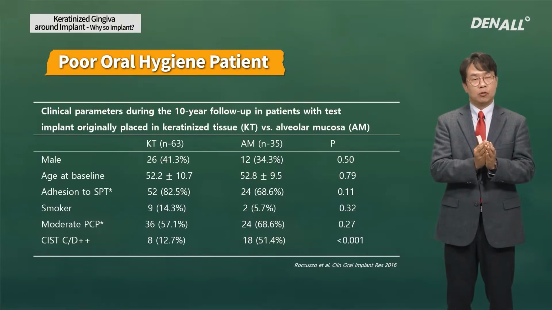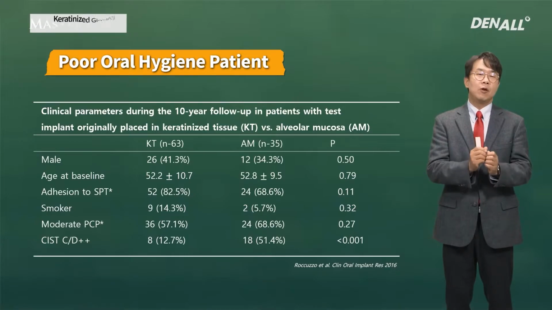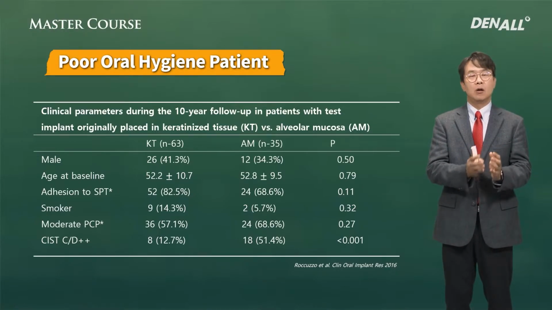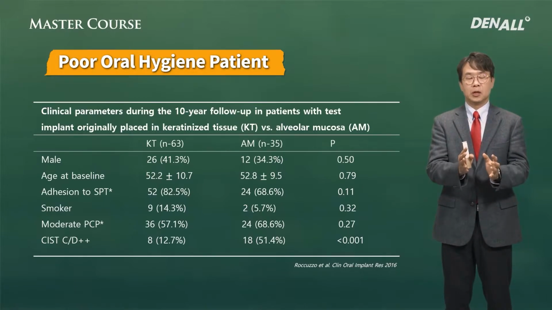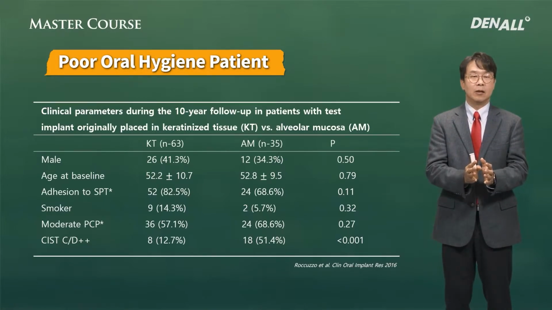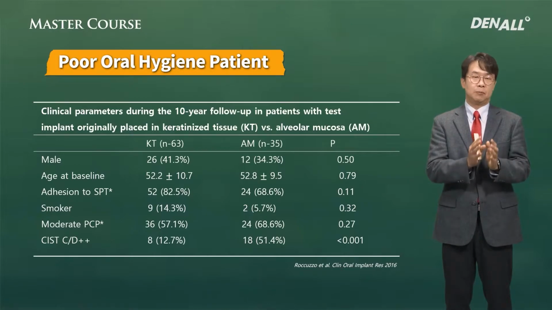If opportunity comes, we will deal with this. From the CIST perspective, we look at the management around an implant. CIST perspective means depending on the degree of inflammation around implant and the radiological bone loss, the approach would be different.